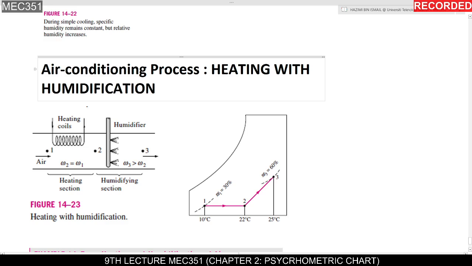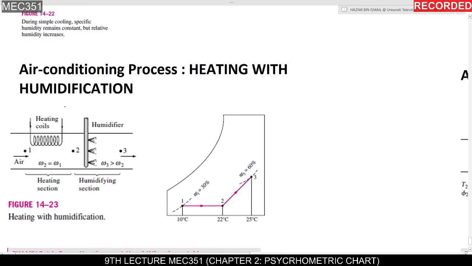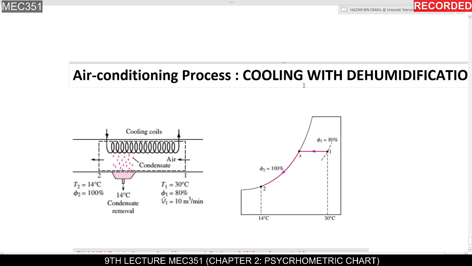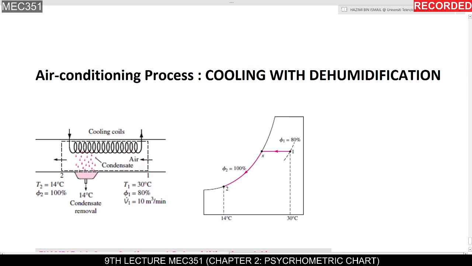Naturally heating will combine with humidification, and cooling will be combined with dehumidification. So the normal situation in Malaysia as a tropical climate country, kita panas kan, so kita nak sejuk kan, so we have to cool and also dehumidify our air.